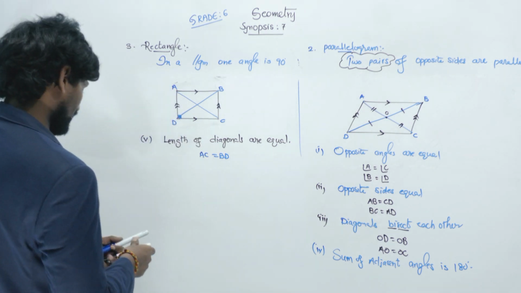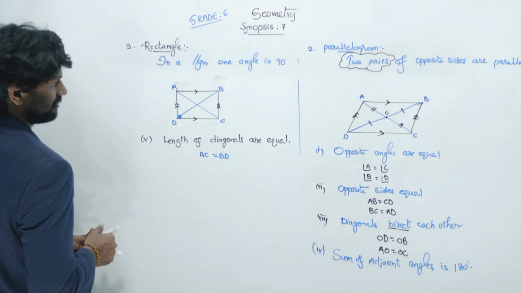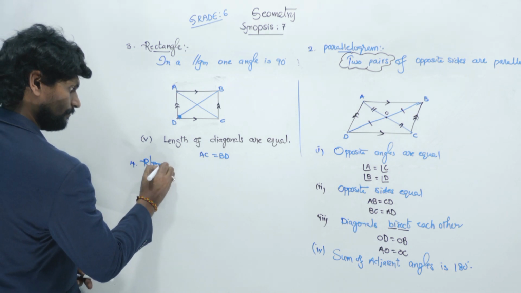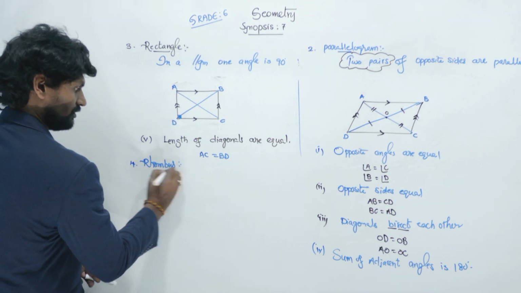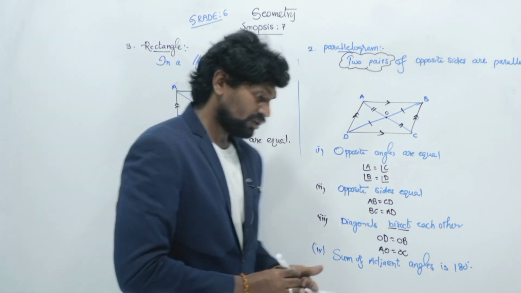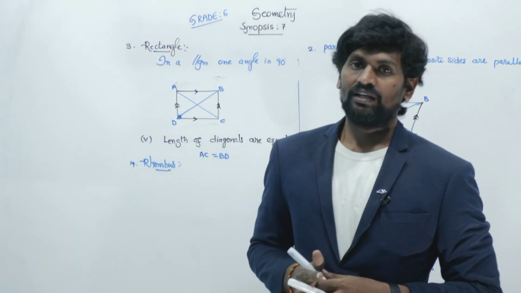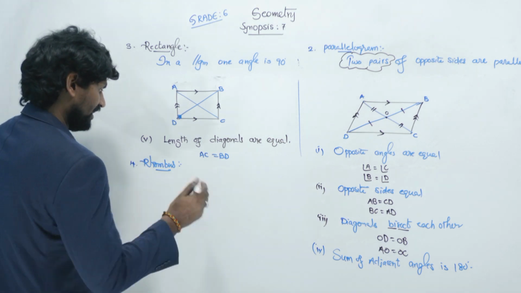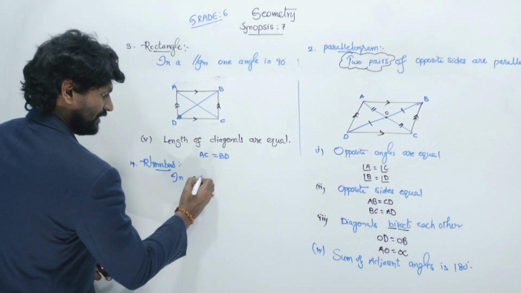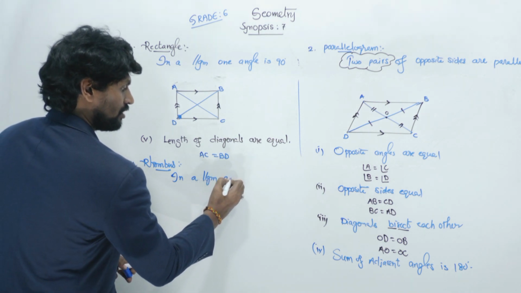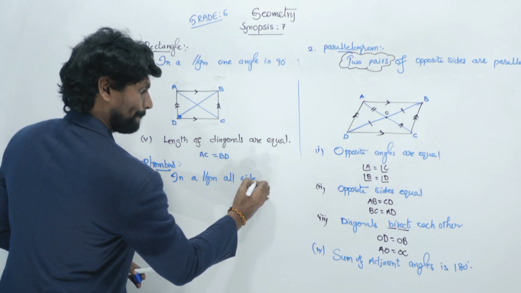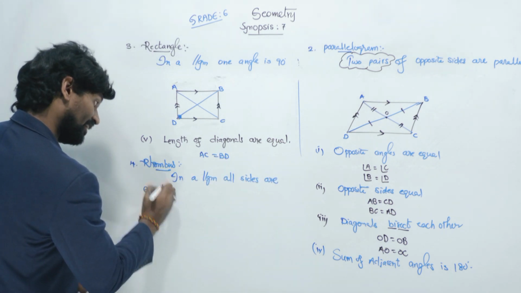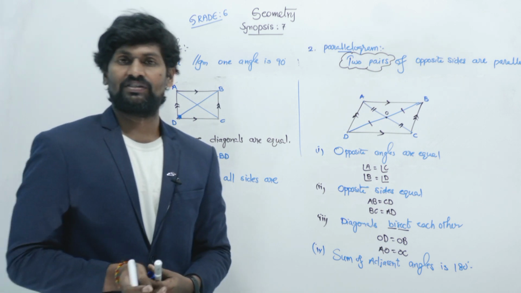The fourth one is nothing but a rhombus. Now rhombus is also from the family of parallelogram, a parallelogram quadrilateral. So we take the rhombus definition as: in a parallelogram all sides are equal, it will become a rhombus.